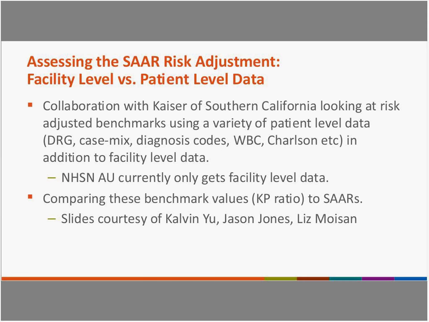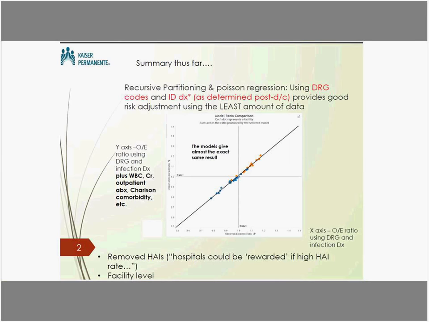First of all, they found that there were really two patient-level factors: diagnosis-related group codes, those DRG codes that are used by so many hospitals as part of the billing system, and the infectious disease diagnostic codes that were determined after discharge.